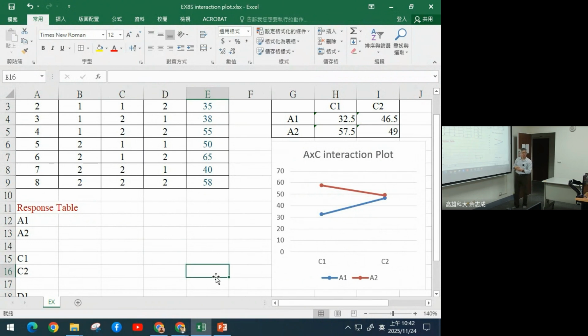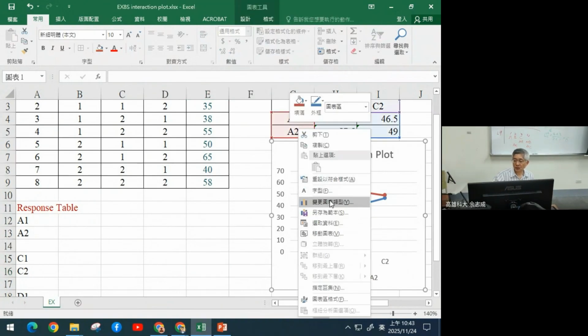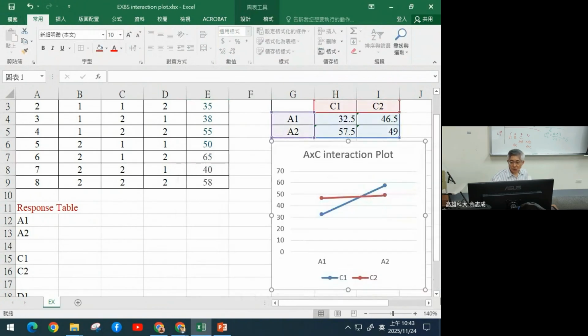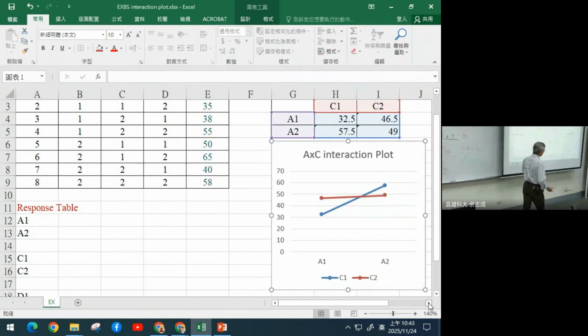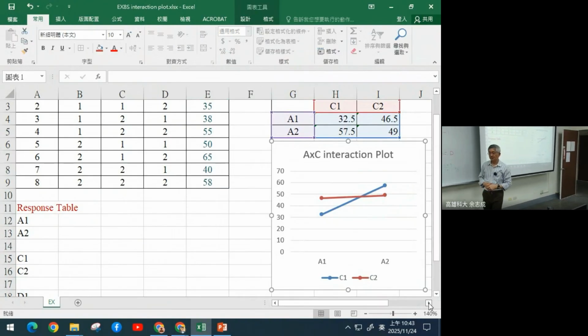We can change the presentation of the figure by changing the horizontal axis to A1 and A2 if you want. Here, we can right click and select data. From the selection of data, we can switch column and row. Click OK, and you will find that the horizontal axis becomes A1 and A2, and these two lines will be C1 and C2 respectively.